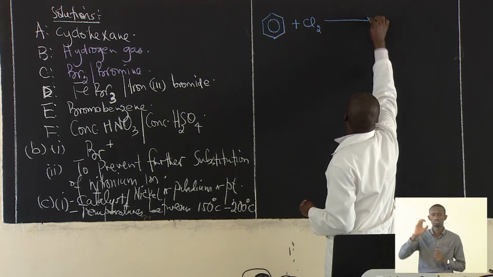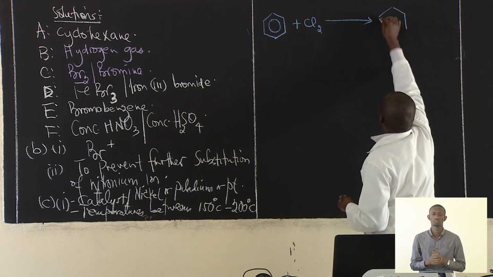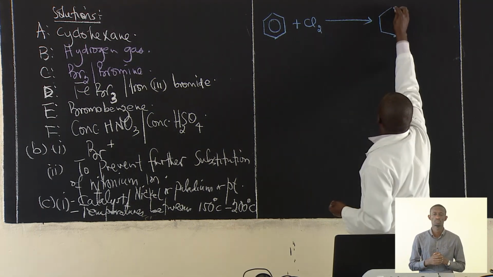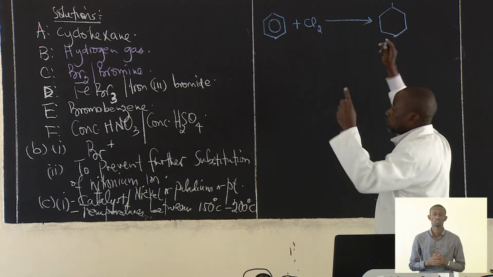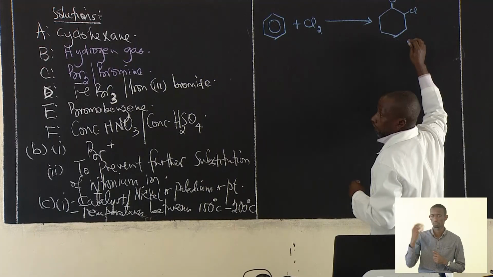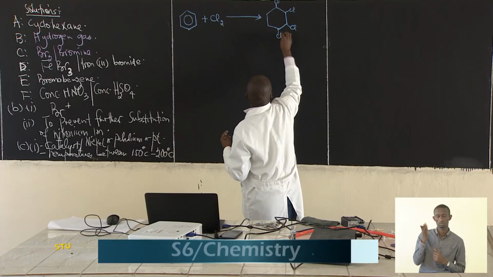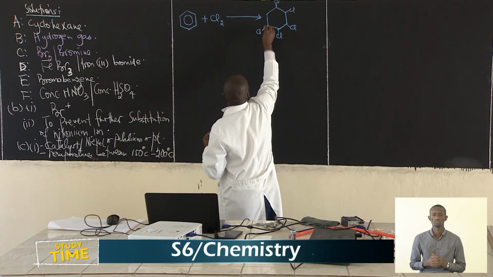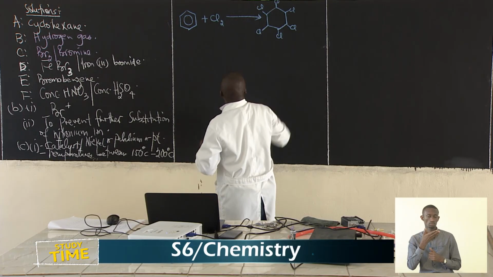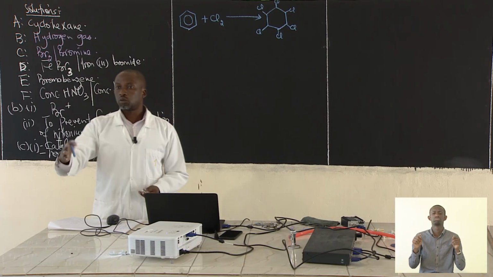And it reacts with chlorine to form, they said 1, 2, 3. So this is chlorine. This is another chlorine. This is another chlorine. This is another one. And this is another one. It is a cyclohexane, so if it is a cycle, that is an alkane.